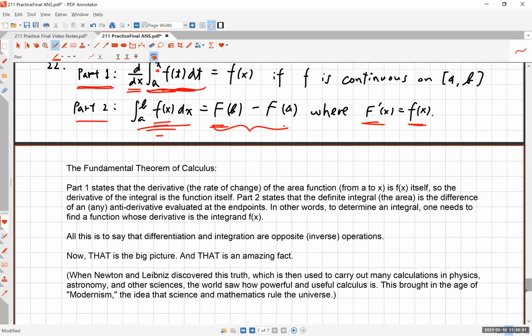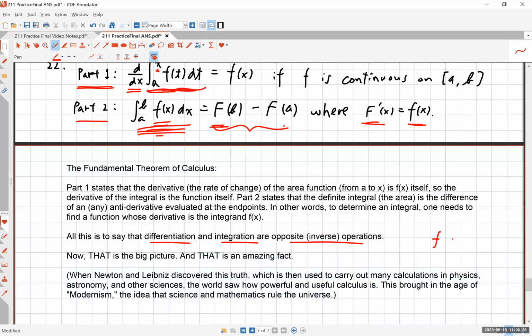The second one also gives you a very important relationship between differentiation and integration. Basically, in order to integrate, find the antiderivative, find the opposite of the derivative. Part one says the derivative of the integral is the function itself. And all that is to say, okay, differentiation and integration are opposite or inverse operations.